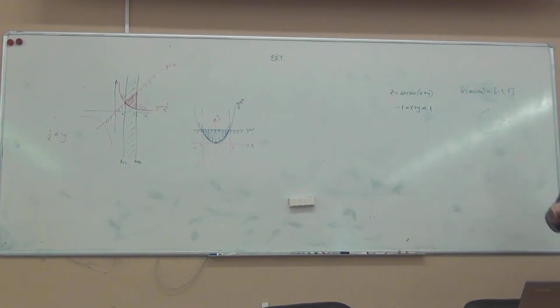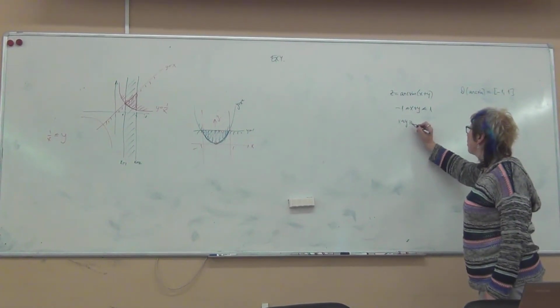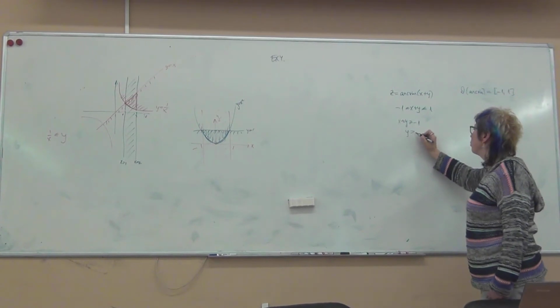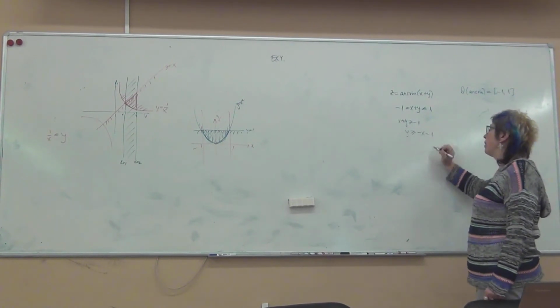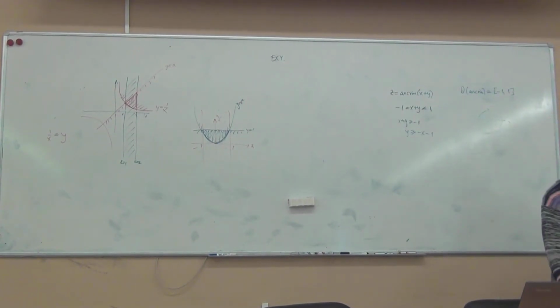And now we have a condition, which means x plus y has to be greater than or equal to -1, or y has to be greater than or equal to -x minus 1. That's one condition from the left-hand side.